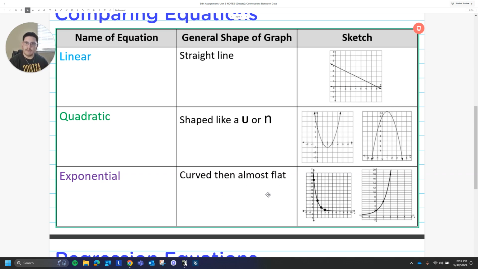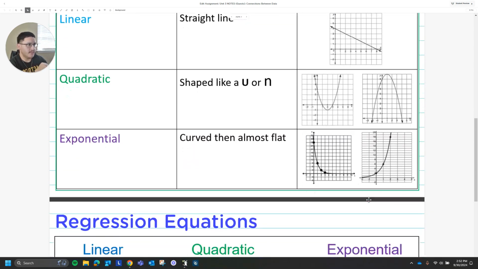There are probably about 4 different orientations for this, depending on what we are dealing with. But in general, either it'll start at a curve and then flatten, or it'll start flat and then curve. Again, there are about 4 different orientations. We'll go through them as they come, but that's exponential.